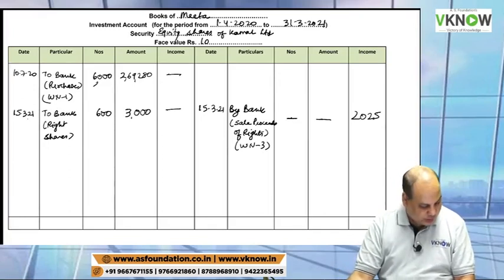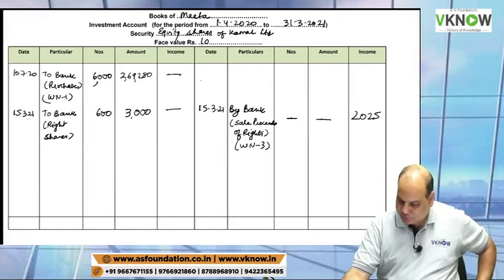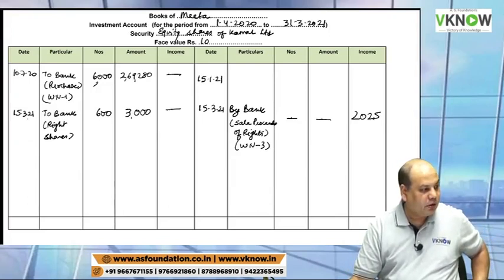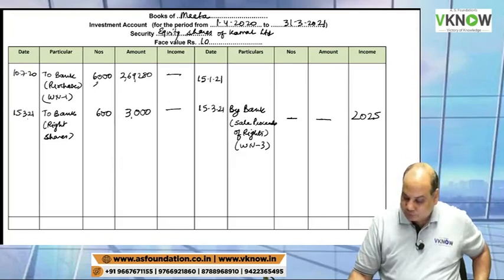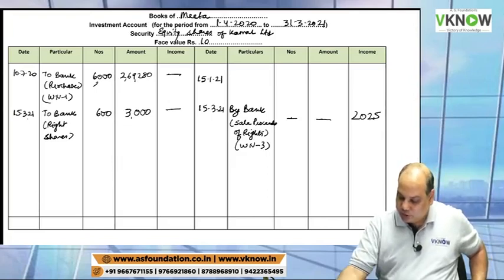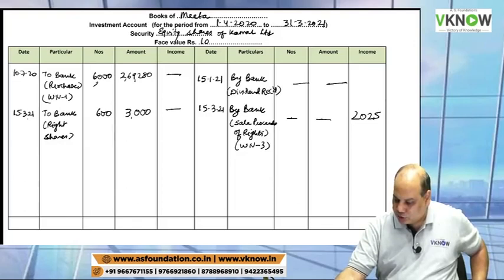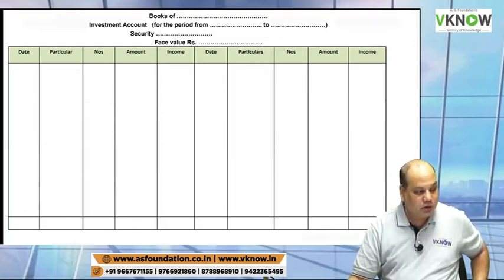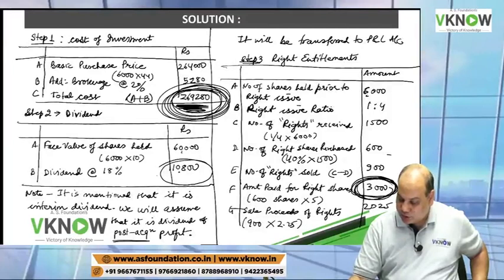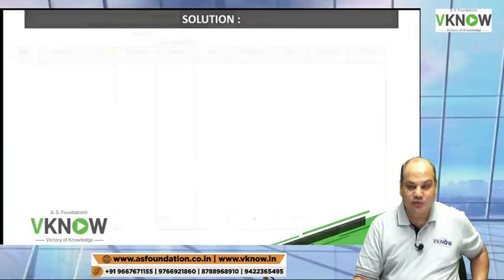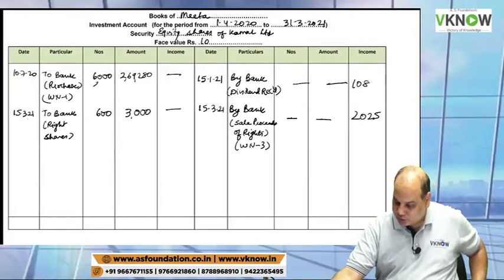But before that, there is a dividend also, which is before March, 15 January 21. 15 January, by bank, dividend received in the income column. In the income column, there is working note 2 on the screen left side, 10,800.